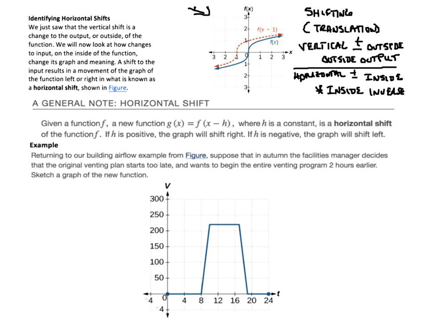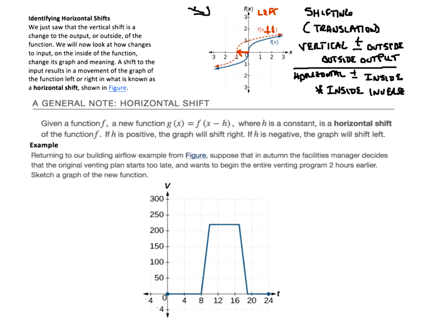Take a look at this picture here, this graph. The blue graph is the toolbox function. It's just f(x), and it happens to be a cubic. Again, notice on the inside for the orange function that I added 1. And this shifted 1 unit, however it went left, which is in the negative direction.